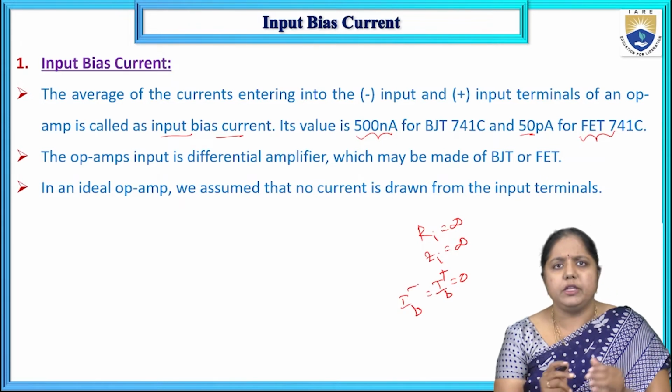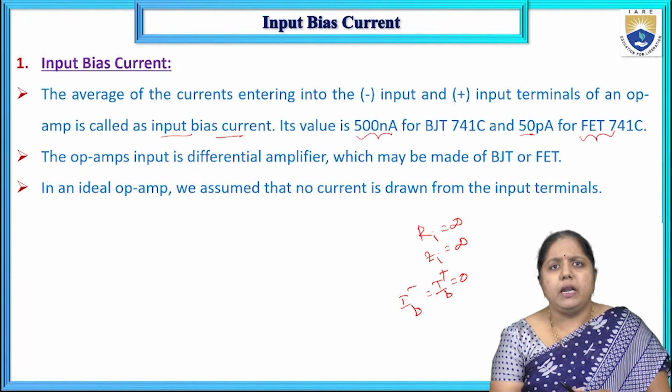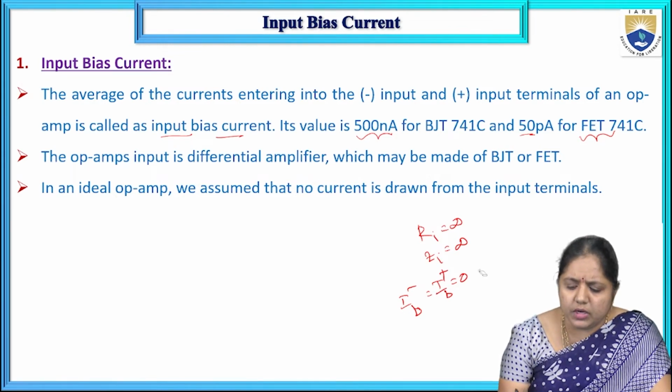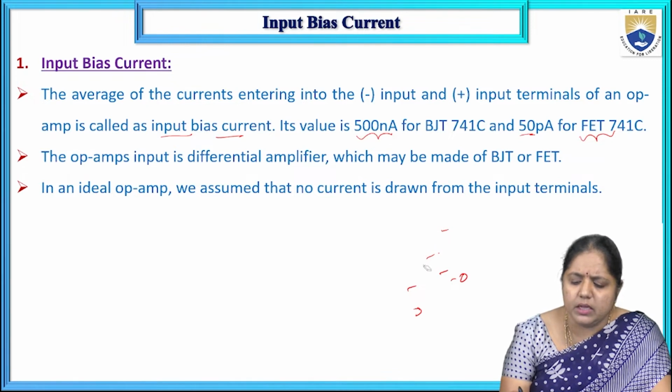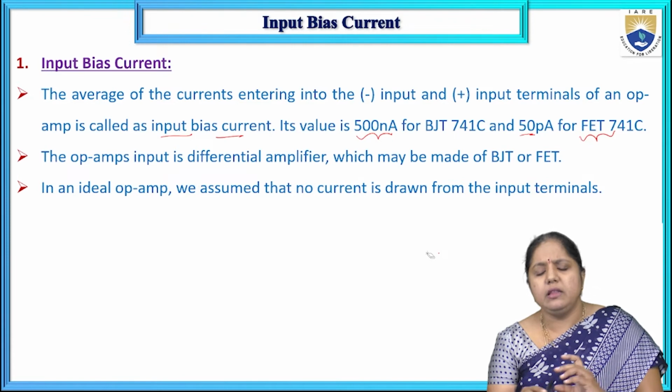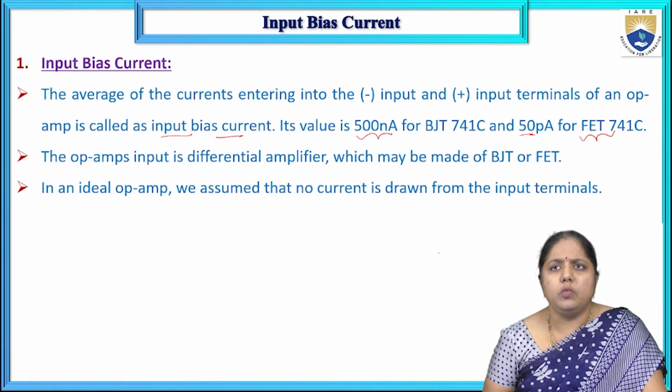But practically, the resistance value is not infinity, it is a high value. So definitely it will draw some amount of current, and because of that current, I can get a certain amount of output voltage.